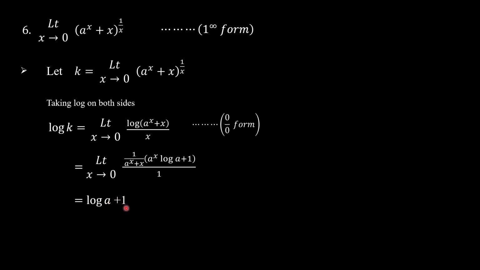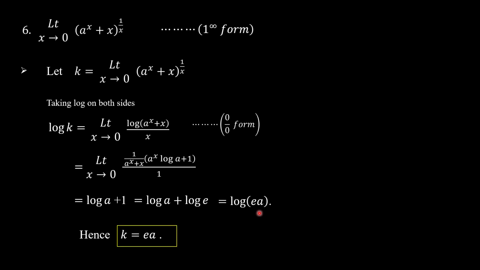But 1 can be written as log e. Therefore, log k is equal to log of e into a, which implies k is equal to e into a. Next problem.